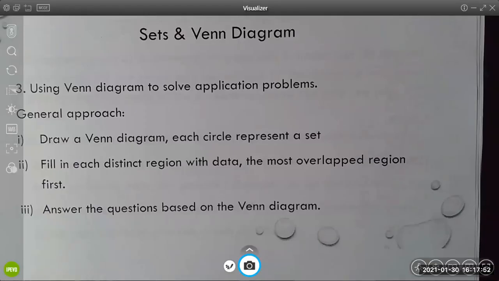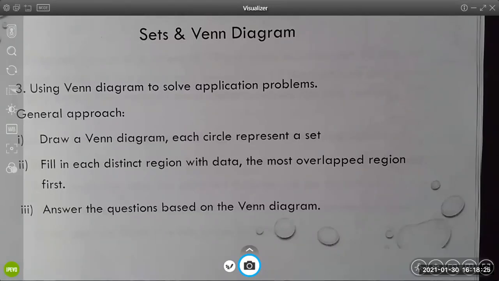Here's the second type of question. We are going to use a Venn diagram to solve application problems. The general process is that once you have a problem, especially a survey problem, you create a Venn diagram first, and then you populate different regions in that Venn diagram with your data. After you have that, you are ready to answer any questions.